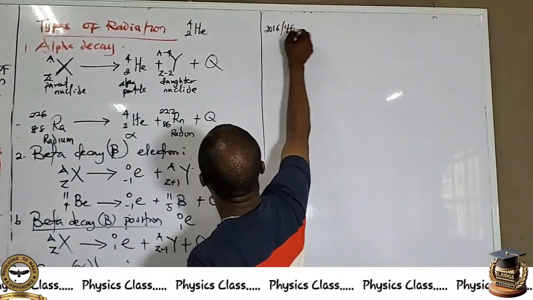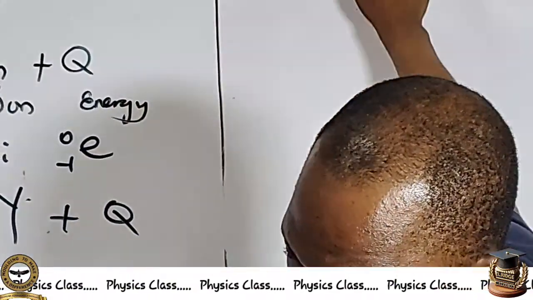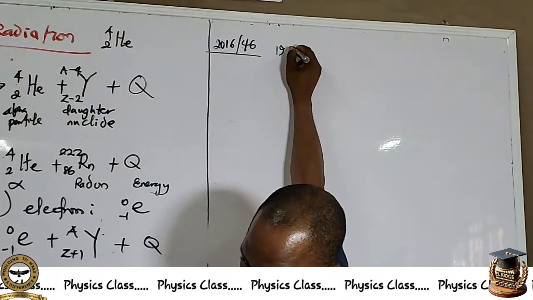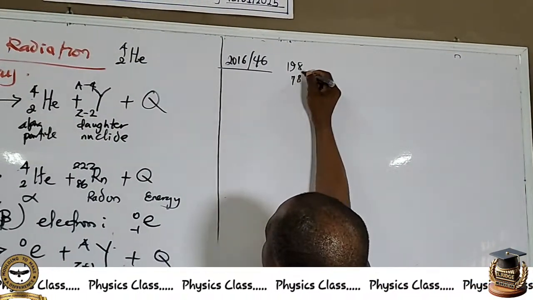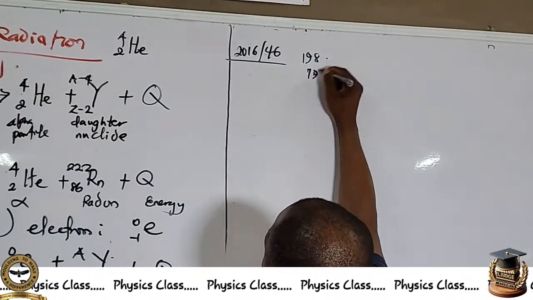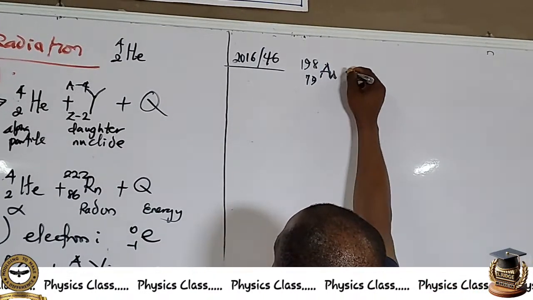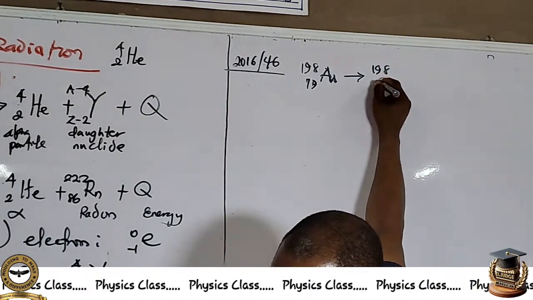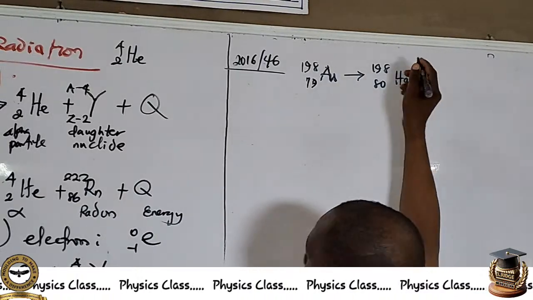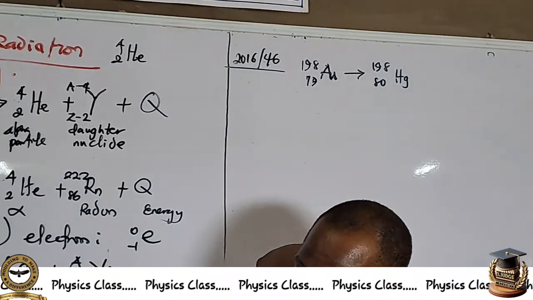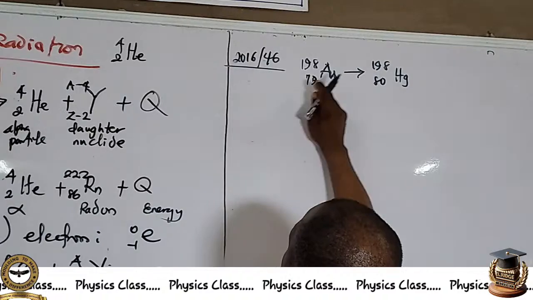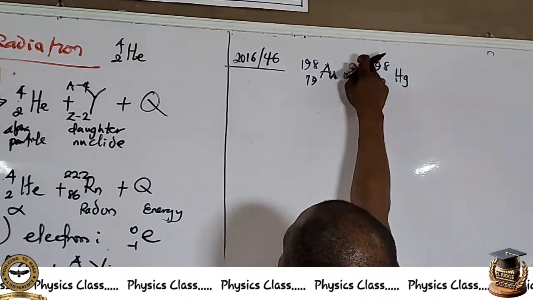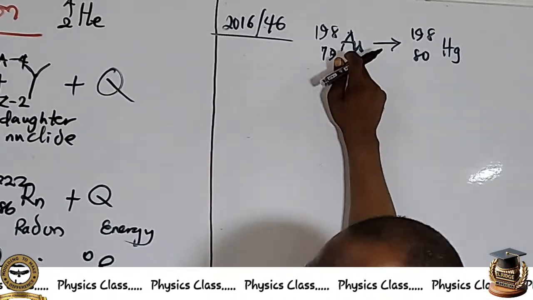It says, how many particles are emitted in the radioactive decay of 79 gold 198 to 80 mercury 198? The first thing is, we know that there was an increase in the atomic number, no increase in the mass number.